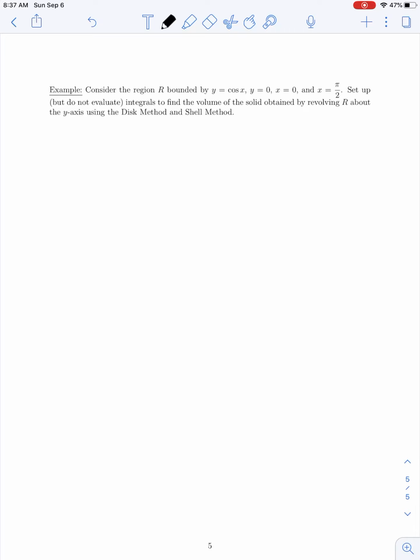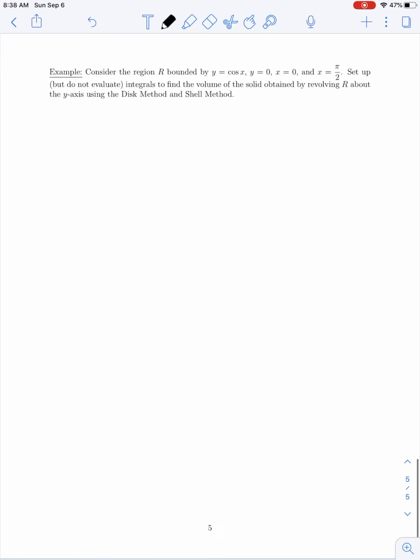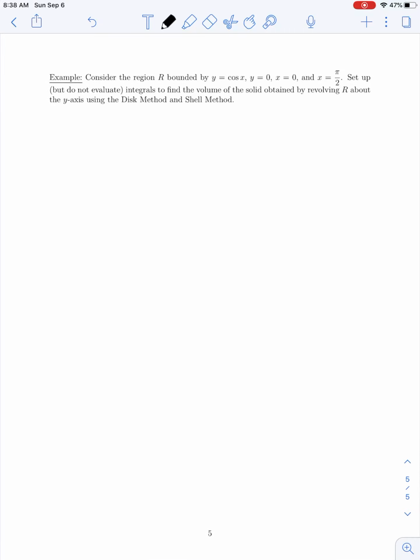So let's look at one last example for this section. Again, comparing a couple of different methods for finding the volume of a solid of revolution. So here we're asked to consider the region R bounded by y equals cosine of x, y equals 0, which is the x-axis, x equals 0, so the y-axis, and the line x equals pi over 2.